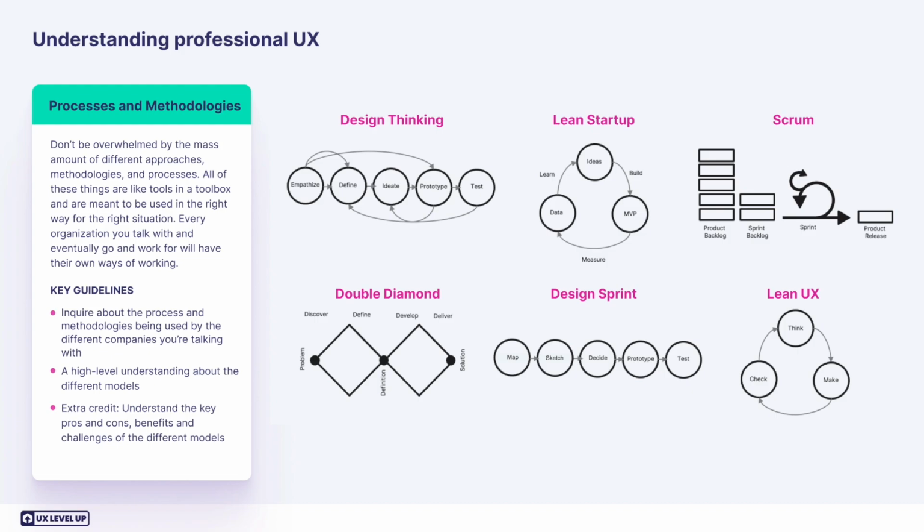Okay. Design thinking is very popular with agencies and consultancies and is often adopted, but then changed and customized to fit into their overall client engagement model and what makes them unique in the marketplace.